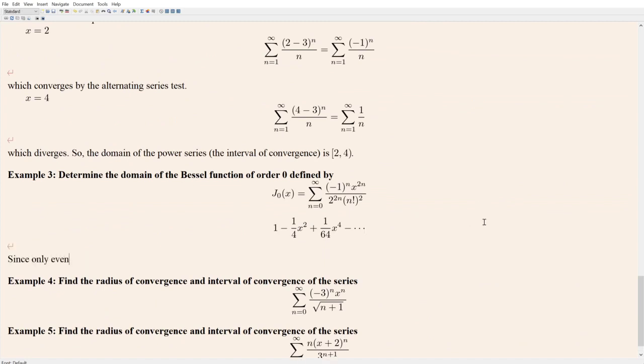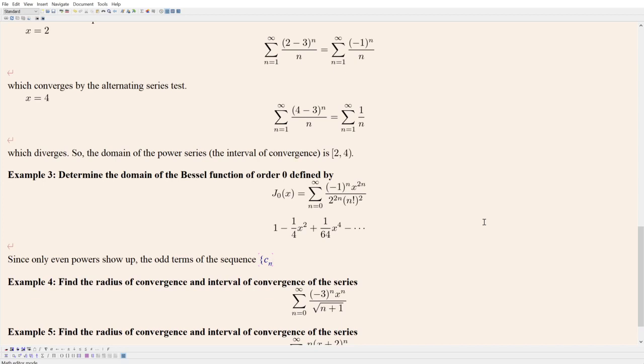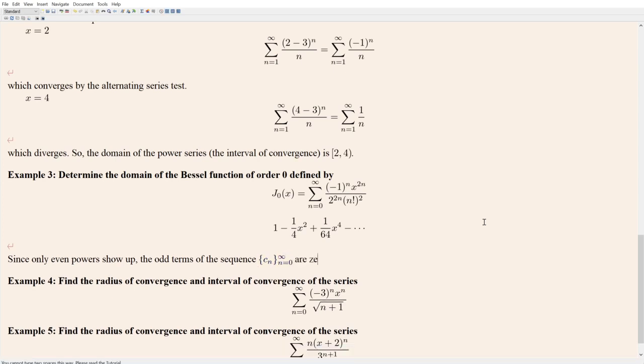So since only even powers show up, the odd terms of the sequence C sub n are 0.